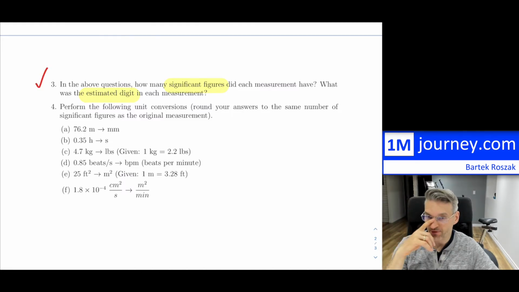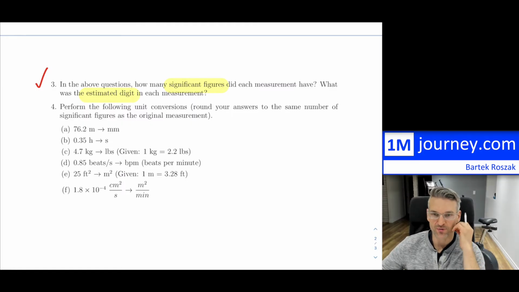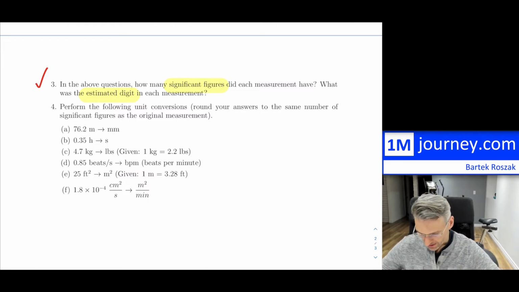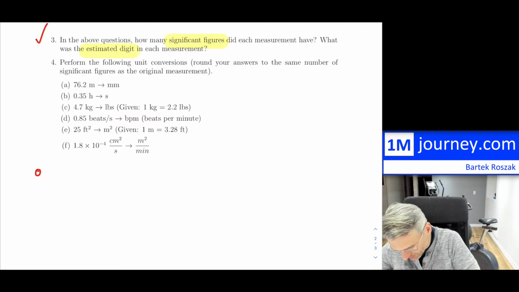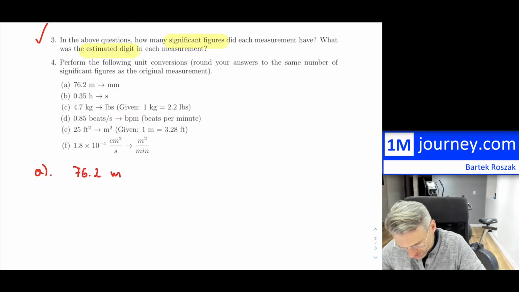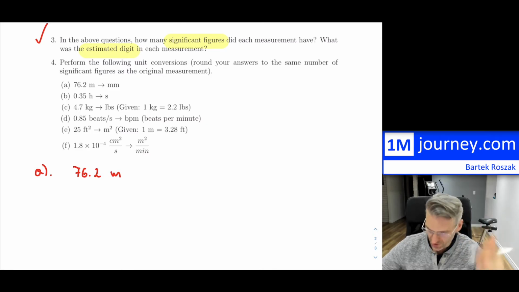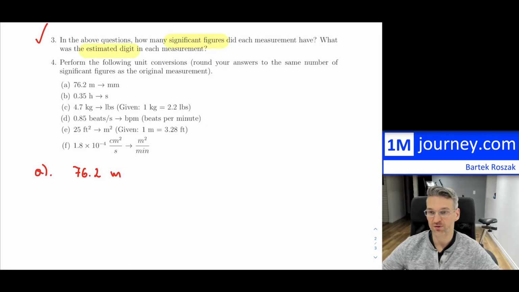All right, so now we have a little bit of work ahead of us. It looks like we're going to have unit conversions, and it says round your answers to the same number of significant figures as the original measurement. All right, so that's not a problem, so we can certainly do this. Okay, so for the first one, part A, 76.2 meters, they want to convert this to millimeters, so this is a prefix conversion.